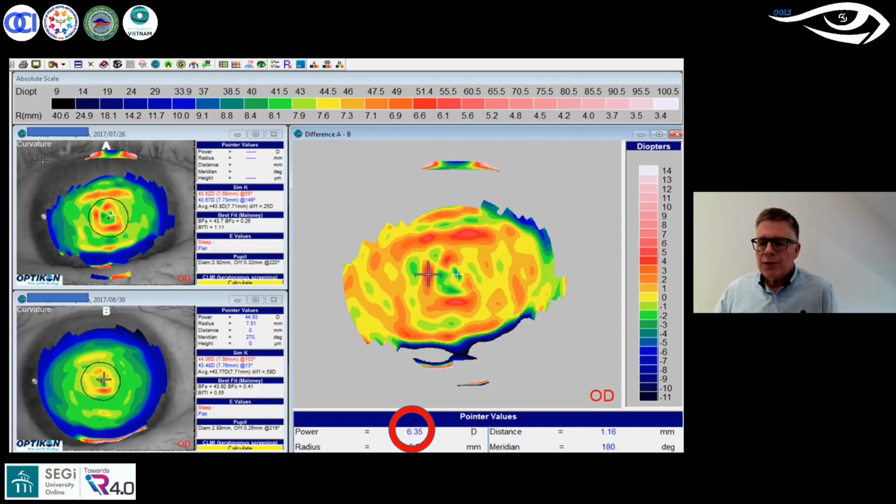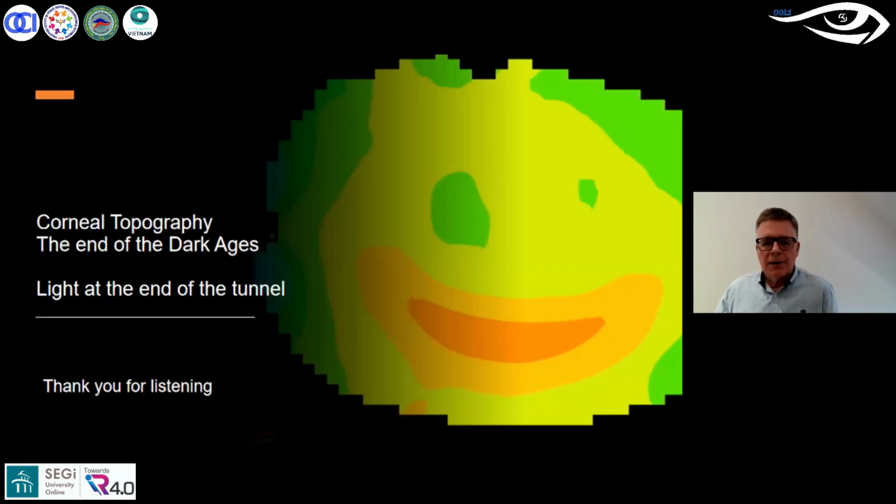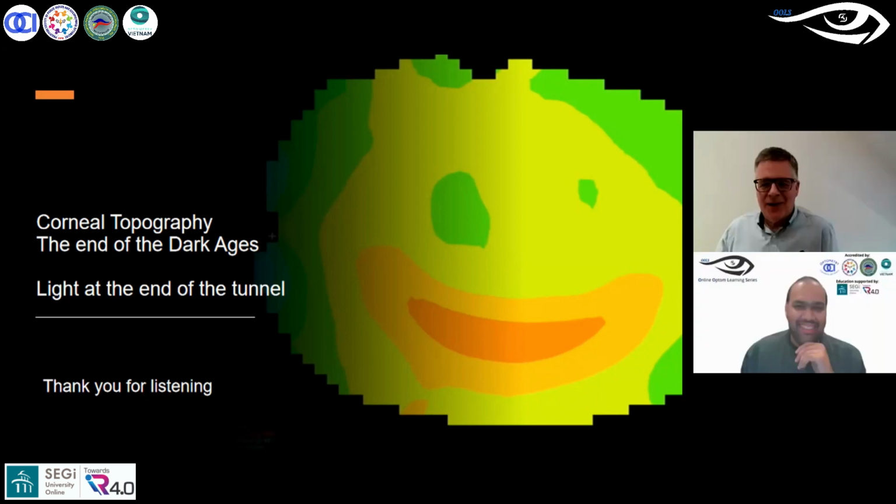It was taken some years ago at the University of Manchester, and it was a vague attempt at 1 hour's orthokeratology. And this is our final image. This is what I call a very happy cornea. And my belief is that corneal topography really does represent the end of the dark ages and is the light at the end of our tunnel.